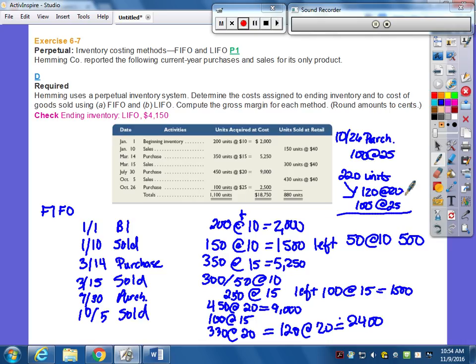You said this was 2,400, and then clearly this is 2,500. That's 4,900. Now this is under FIFO.